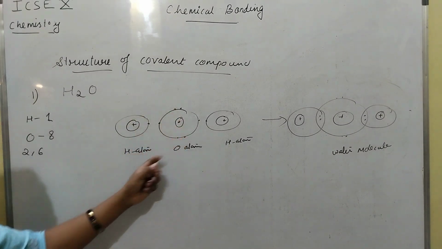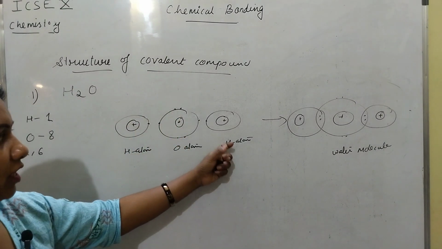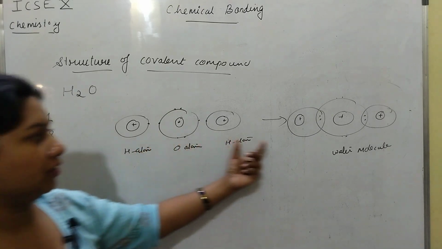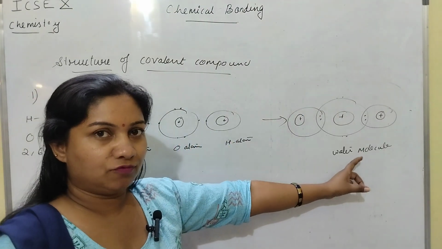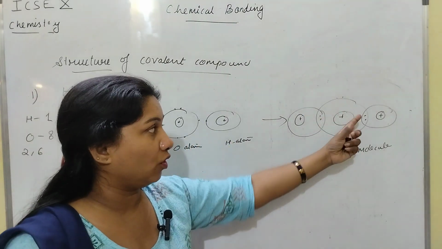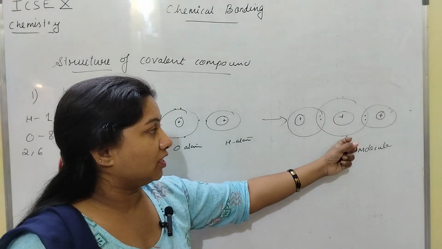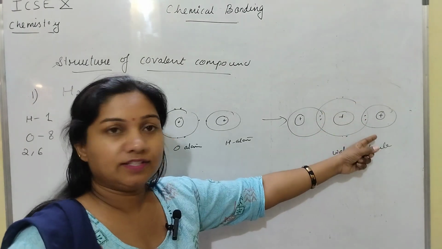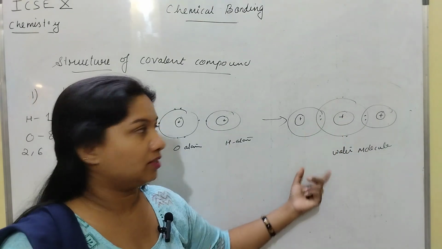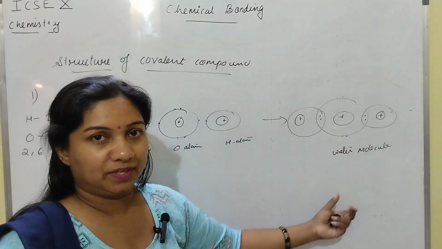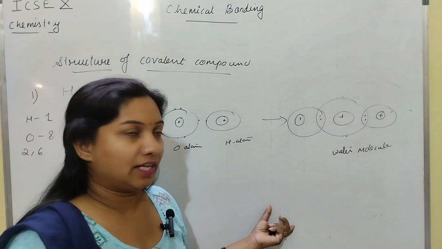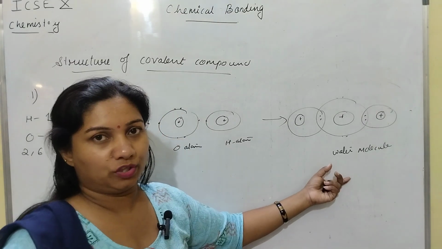This is before combination: hydrogen atom, oxygen atom and hydrogen atom. After combination, they form the water molecule in this form. And if you count the number of electrons, oxygen has 8 electrons and hydrogen has 2 electrons. So the duplet and octet are complete, satisfied, and it has got a stable arrangement in the form of the water molecule.